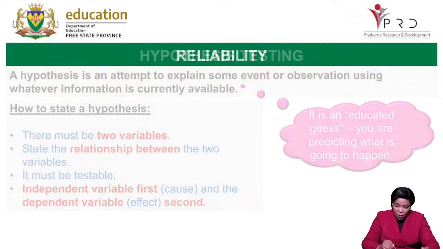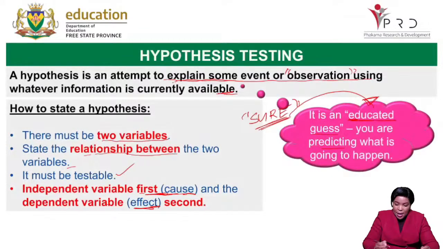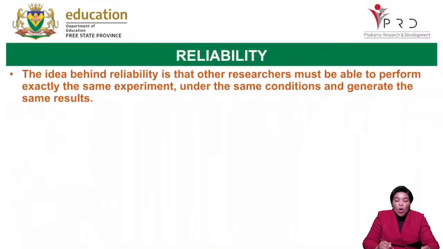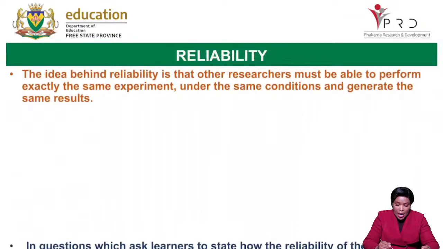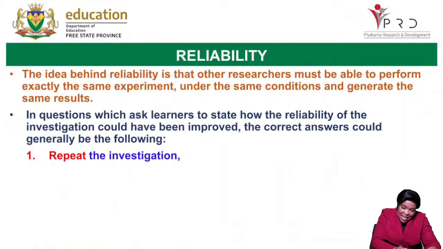Right. Then you come to another thing that you must know when you are dealing with practical investigation. This is reliability. You are always asked questions on reliability. The idea behind reliability is that the researchers must be able to perform exactly the same experiment under the same conditions and generate the same results.